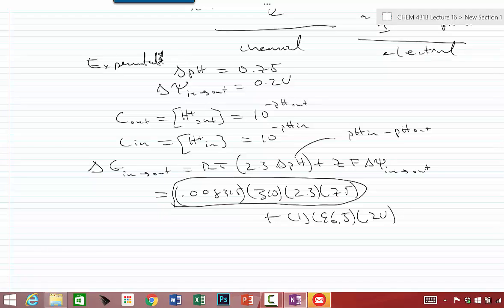What did you guys get for the first term? 44.46. Anybody else get that? Anybody want to check that? Let's make sure we got a consensus here. 4.45.